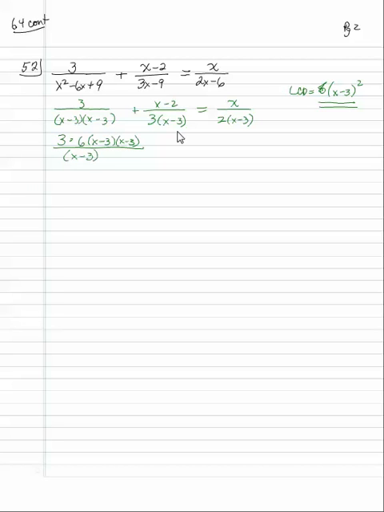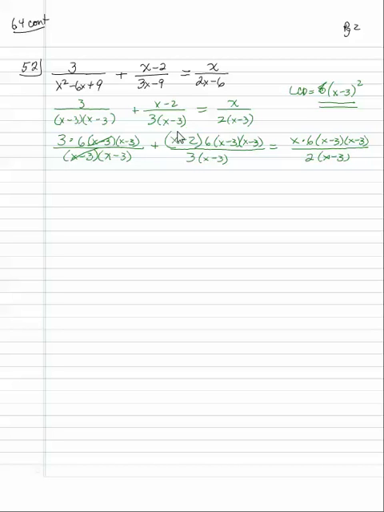And again, normally I wouldn't write this step, just showing you for your notes. So x minus 2 times 6 times x minus 3 times x minus 3 over 3 x minus 3 equals x times 6 times x minus 3 over 2 x minus 3.